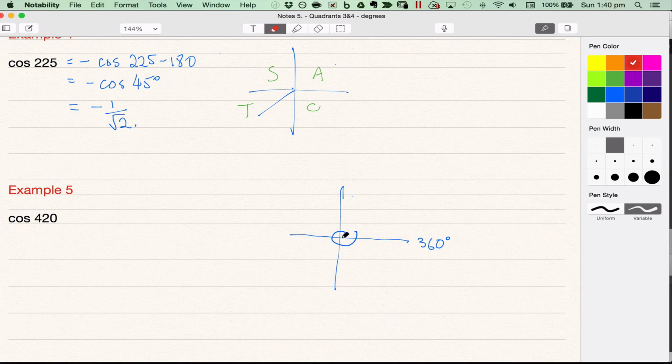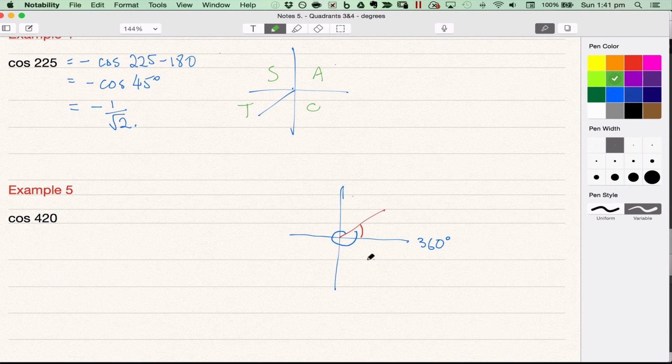And we need to use theta, the little angle, because this is 420, it's going to be up here. We need to use theta take away 360, and it will give us this little bit in here, which will straight away give us our reference angle in quadrant 1. Easy, so let's try it.